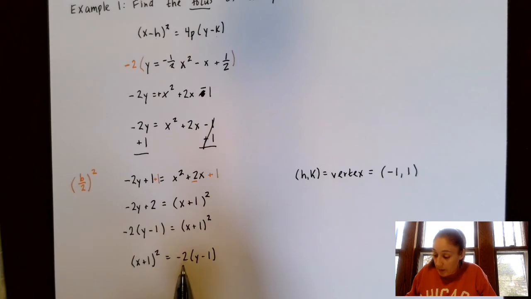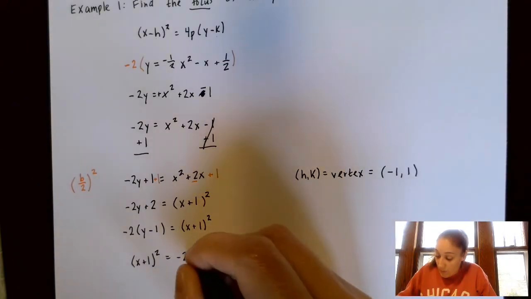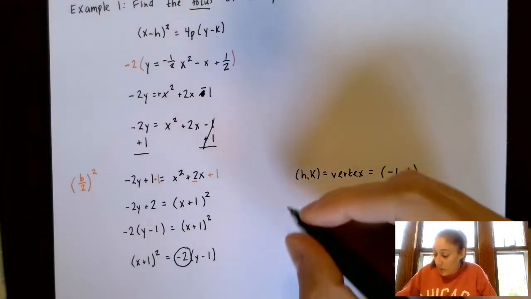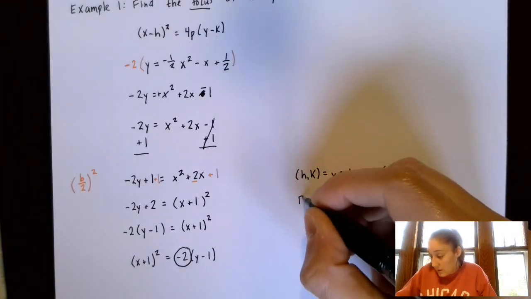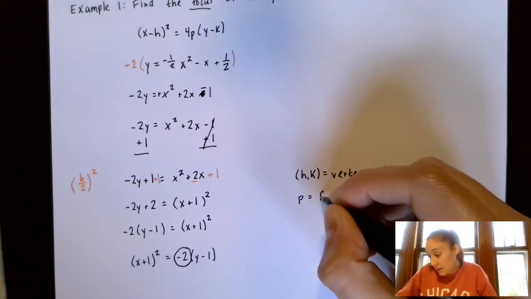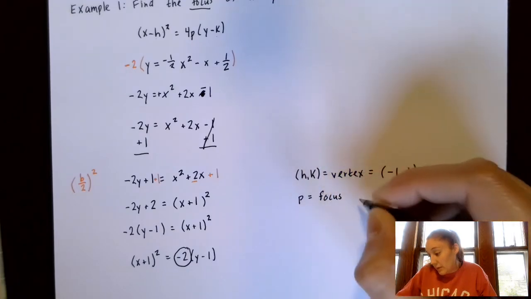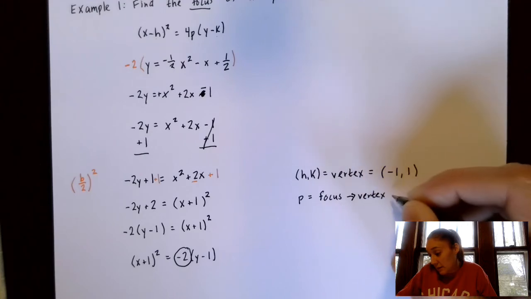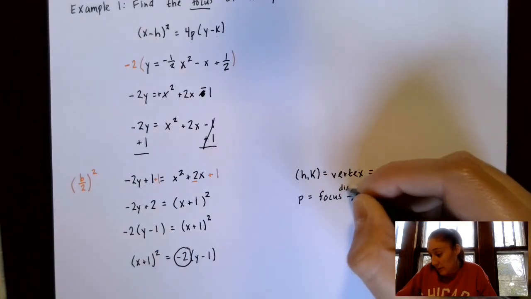Okay, this right here is basically 4p, right? So the p is basically the distance from the focus to the vertex. Alright, so it's the distance.